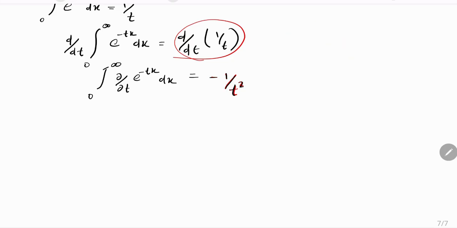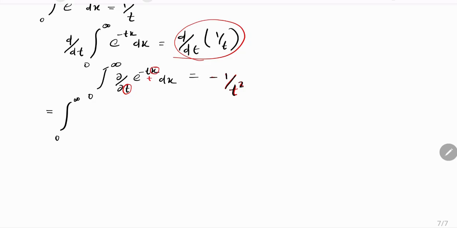Okay. So this is equal to integral 0 to infinity, with partial differentiation with respect to t. So we can take x as a constant and t as the variable.